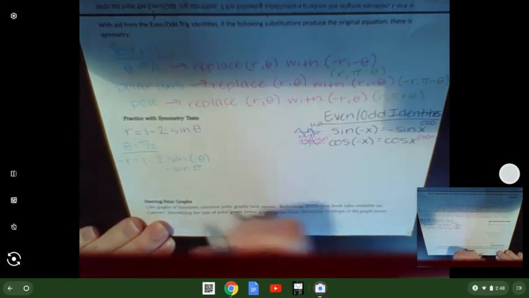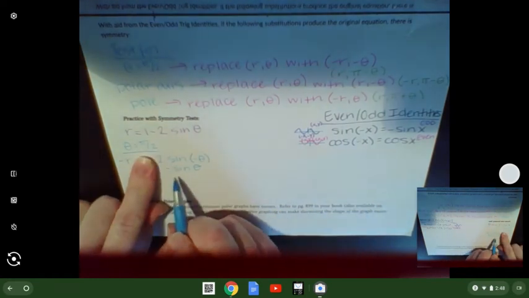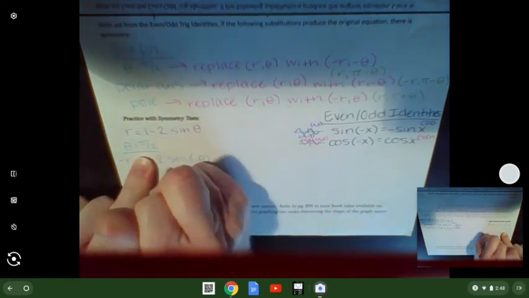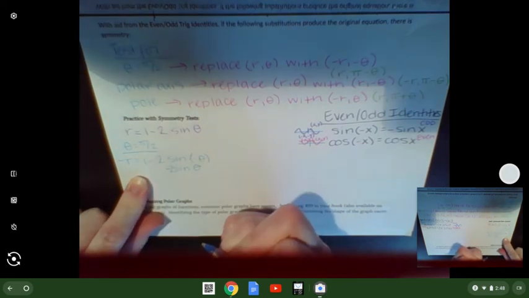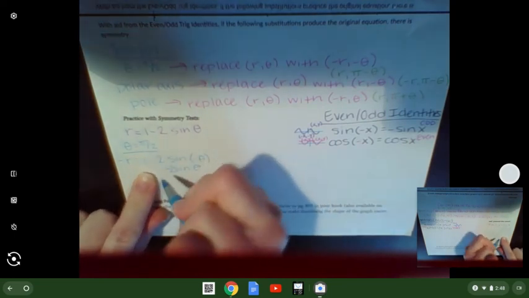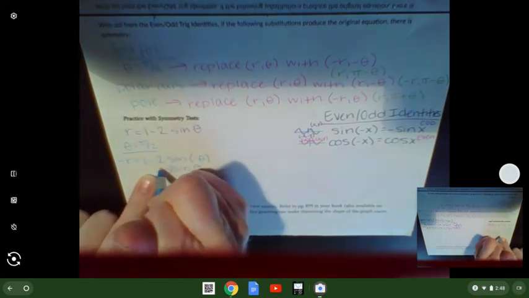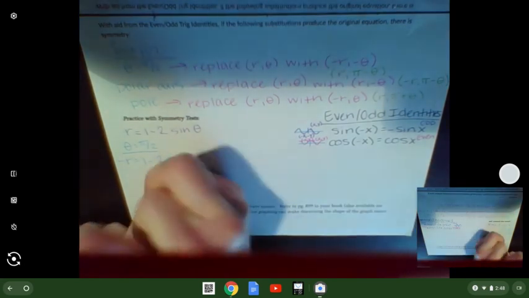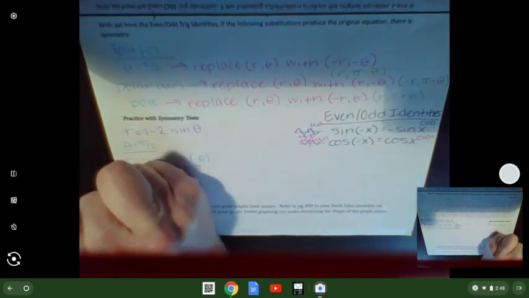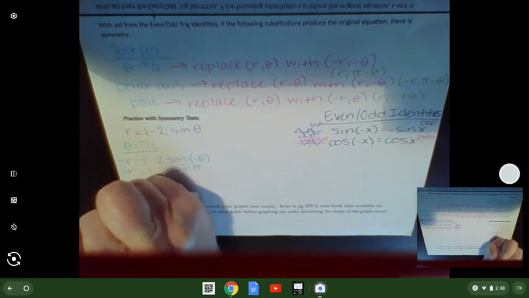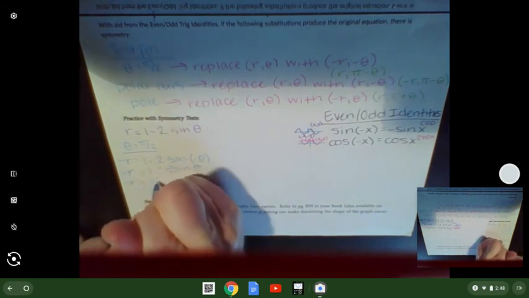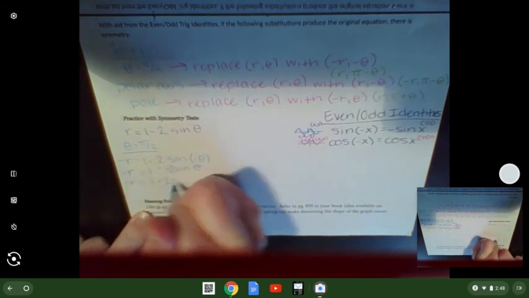Bringing down the rest of my function, I still have a 2. So negative times 2, I can slide that 2 right in here as a negative 2. And I had a negative already. That is not the negative from my function. 1 equals negative r. Simplifying further, double negative gives me 1 plus 2 sine theta.